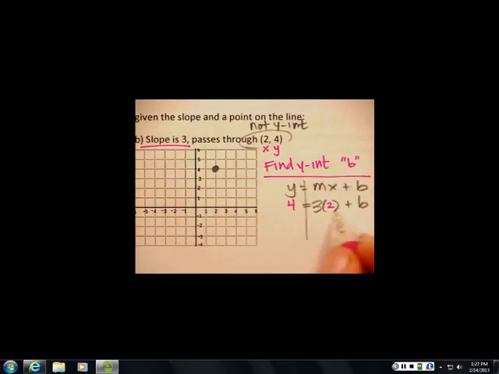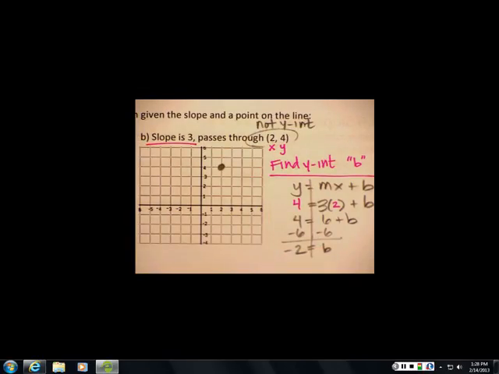Now I look at this equation, and the only thing missing is that b value. The great news is that I can solve for b. And when I do, I get 4 = 6 + b. I subtract 6 from both sides, and I find that b equals negative 2.